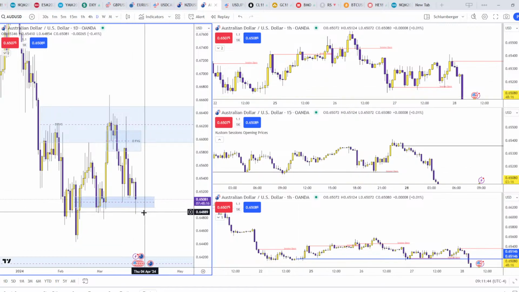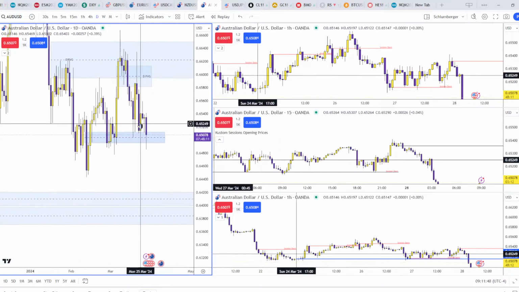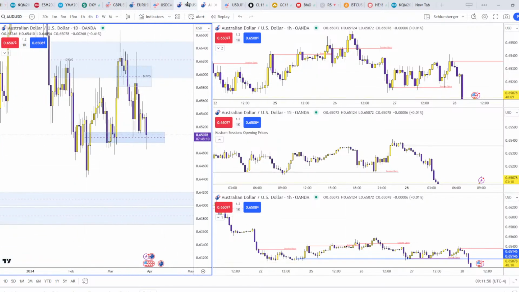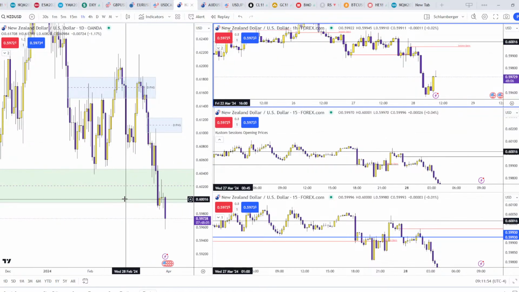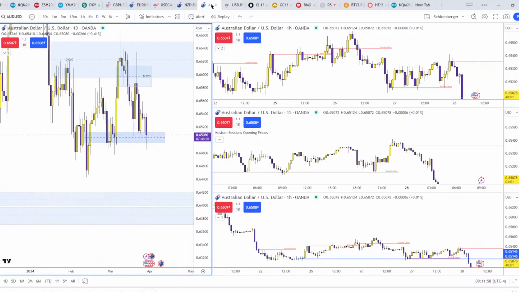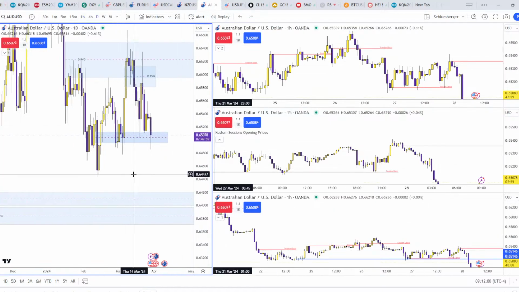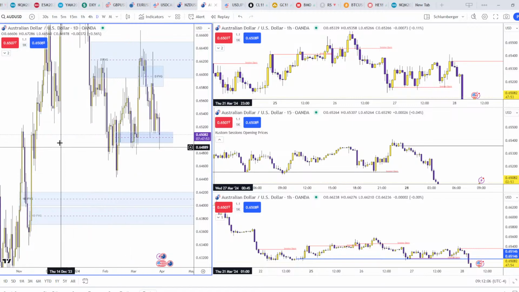If you close below it, then we're going even further. Then Australian dollar is finally going to follow its New Zealand dollar down. Yeah, this mean threshold and this one are relatively the same.